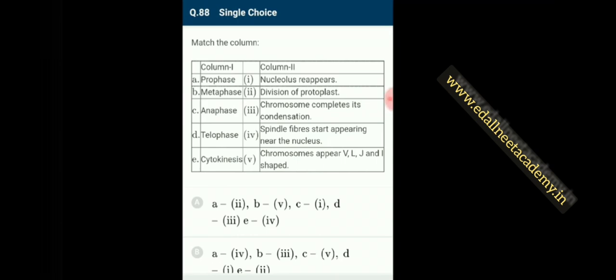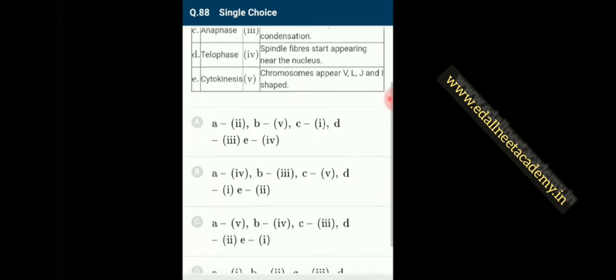Third one, C. Anaphase is matching with chromosomes appear V, L, J and I shaped, that is the fifth one. D. Telophase is matching with the first one, nucleolus reappears. E. Cytokinesis is matching with the second one, division of protoplast. So the correctly matching option is B.